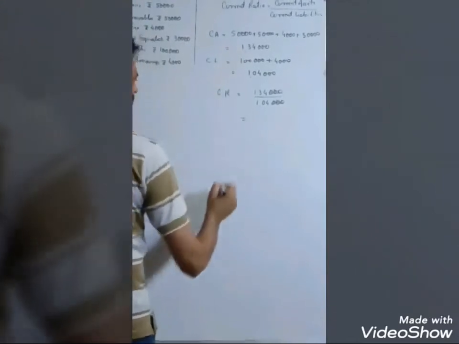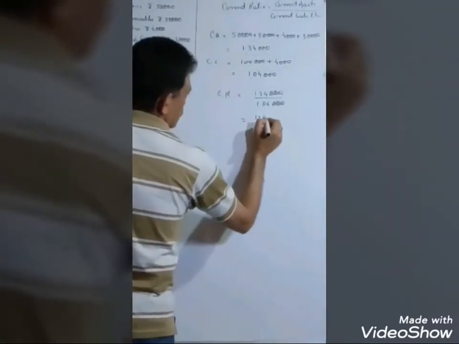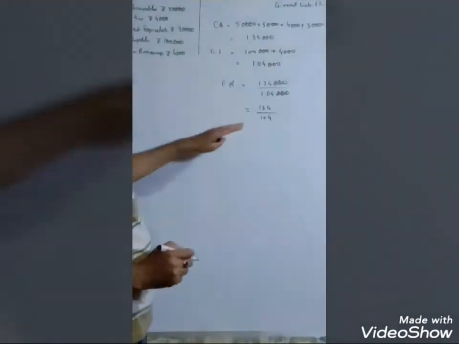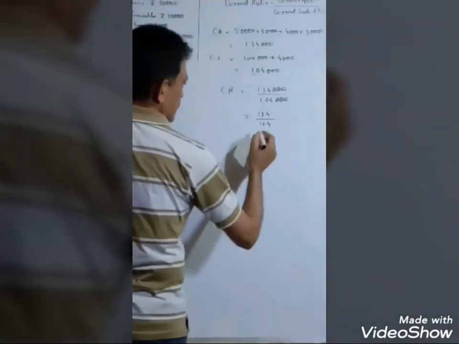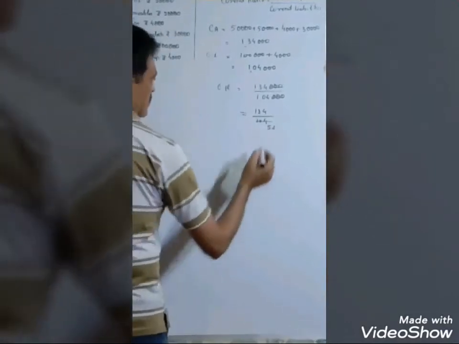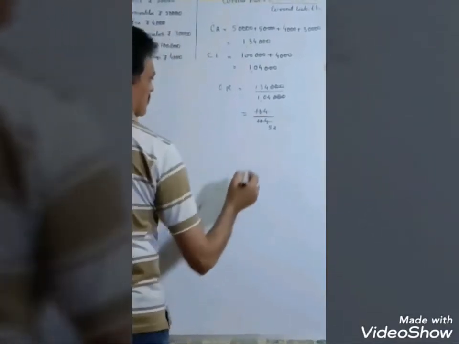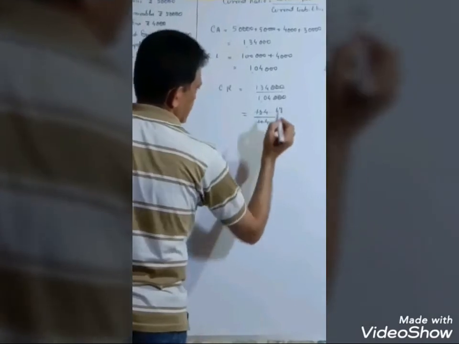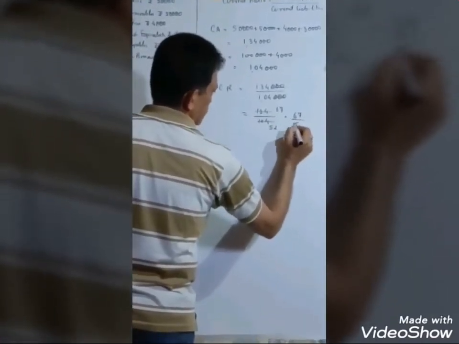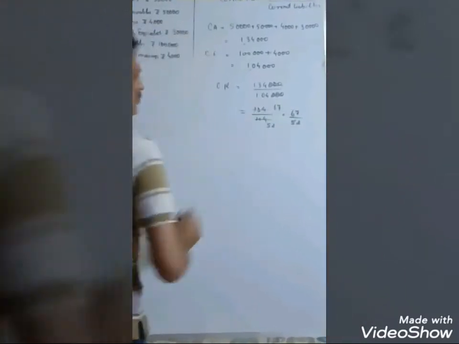Now we got 134 over 104. Now we have to further simplify it. If we divide it by 2, we will get 67 divided by 52.